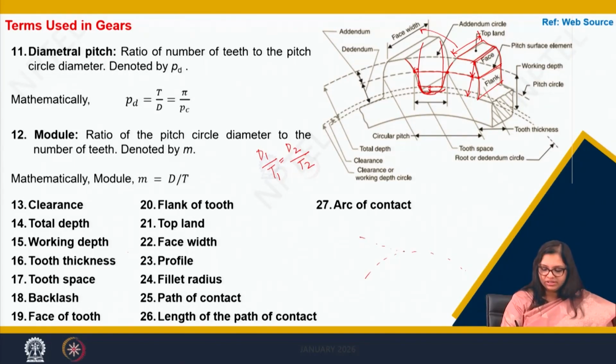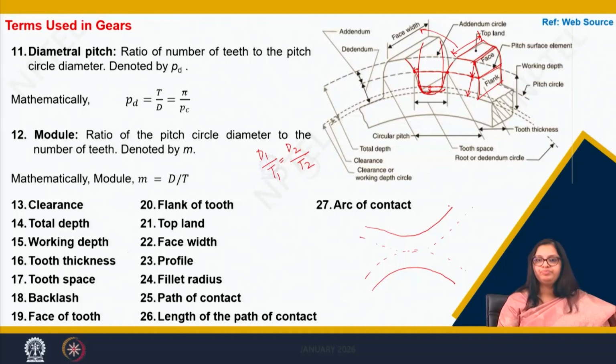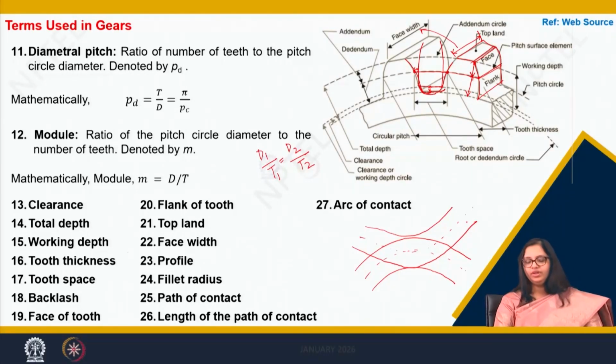Now these are the two gears which are in mesh with each other at the pitch circle. Here there is a base circle for both the gears. There is an addendum circle also, for both the gears.